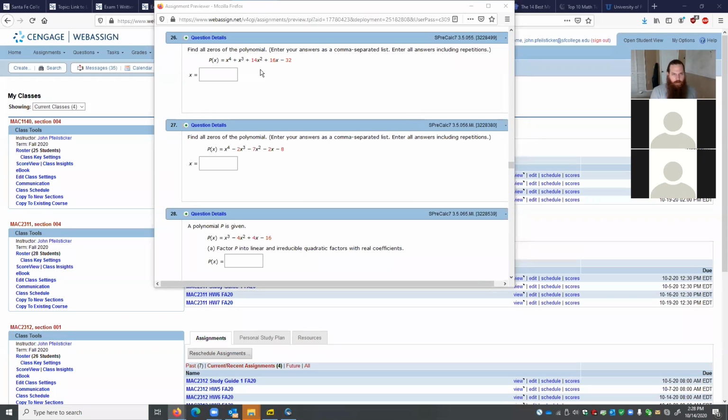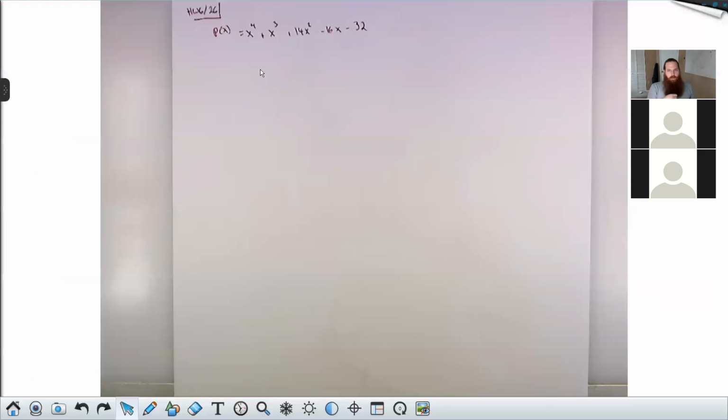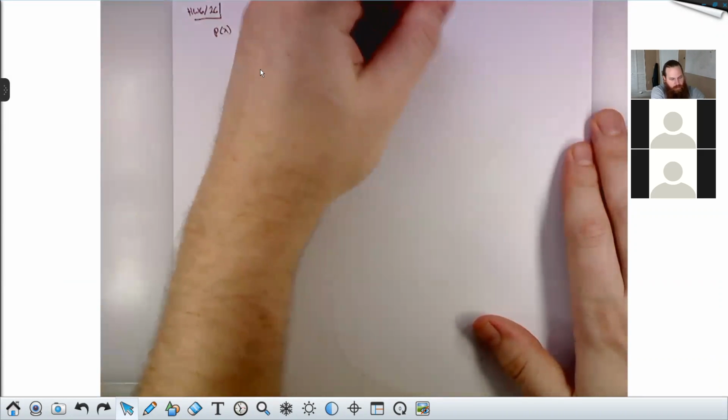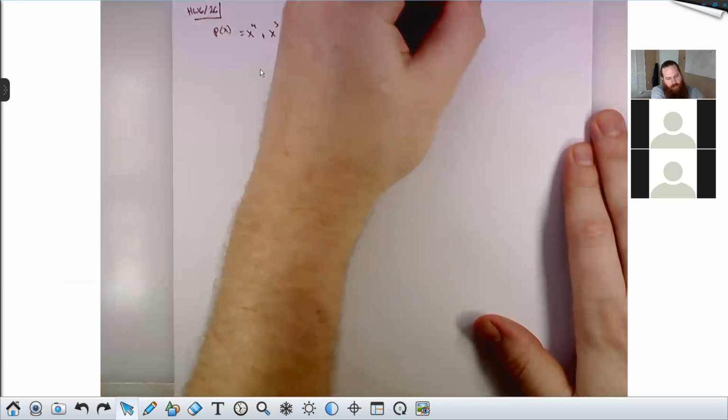So I'll go ahead and do this anyhow. x to the 4 plus x cubed plus 14x squared minus 16x minus 32. So we want to find all the zeros, aka roots.